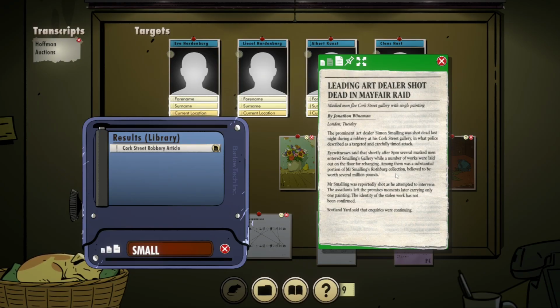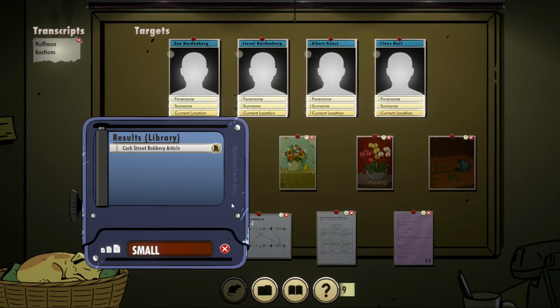Among them was a substantial portion of Mr. Smalling's Rothberg collection, believed to be worth several million pounds. Mr. Smalling was reportedly shot as he attempted to intervene. The assailants left the premises moments later carrying only one painting. The identity of the stolen art, Scotland Yard.